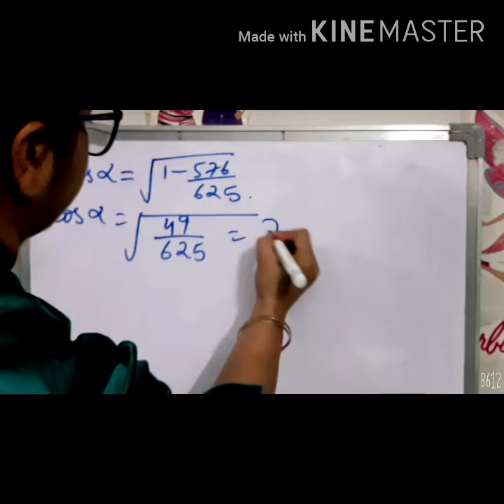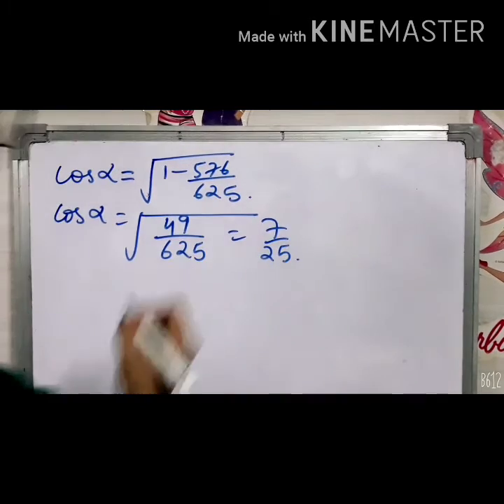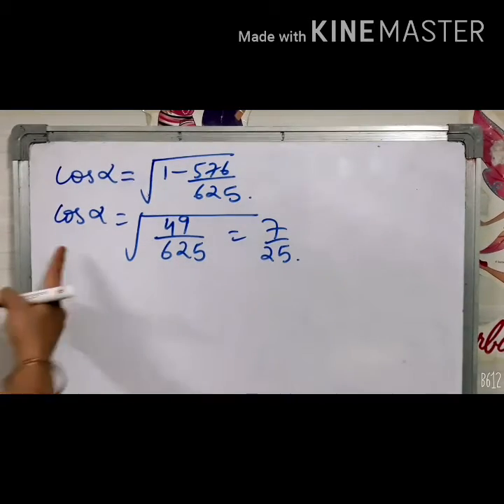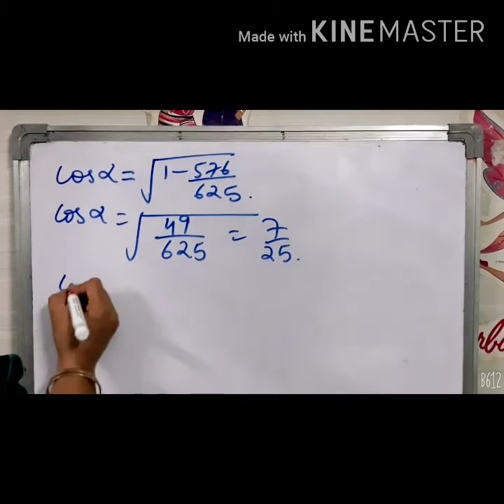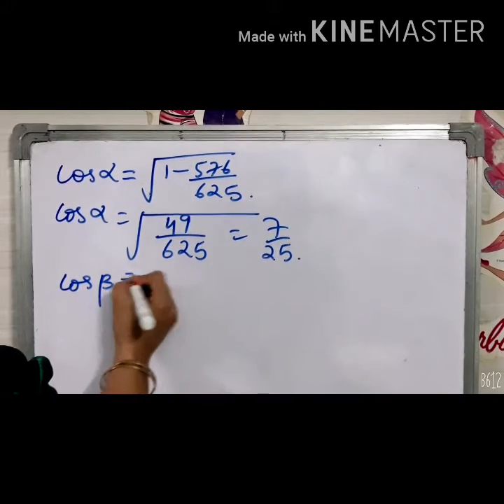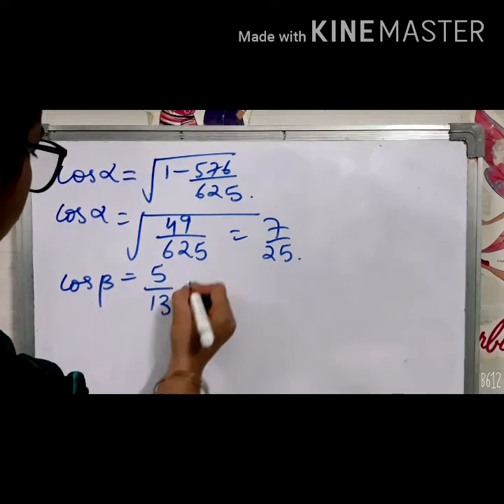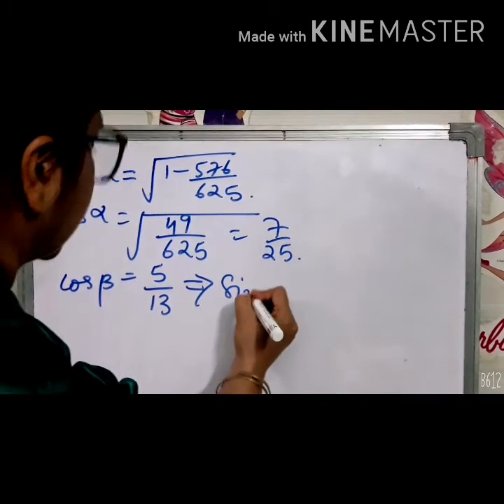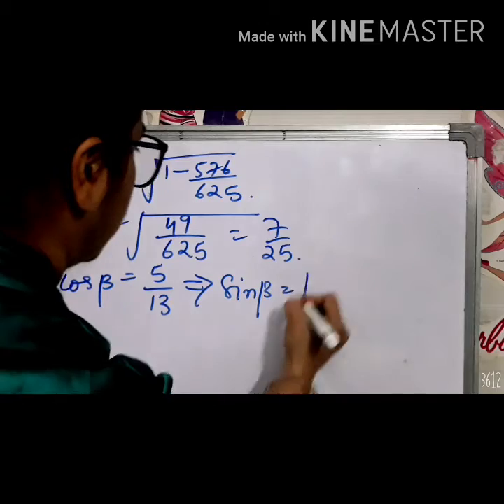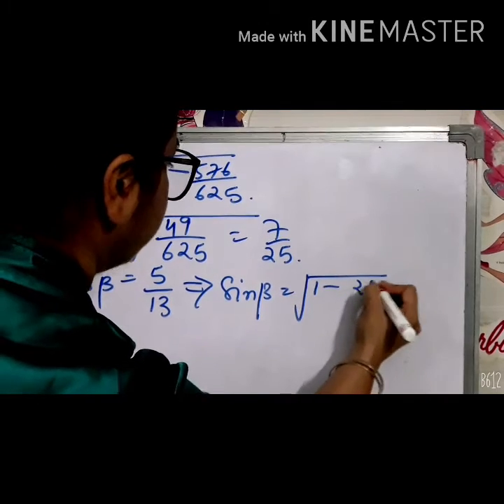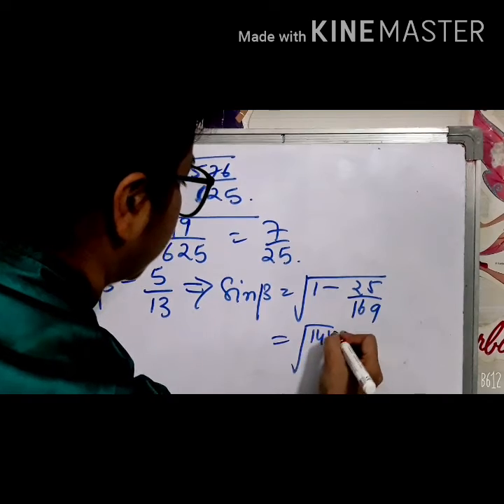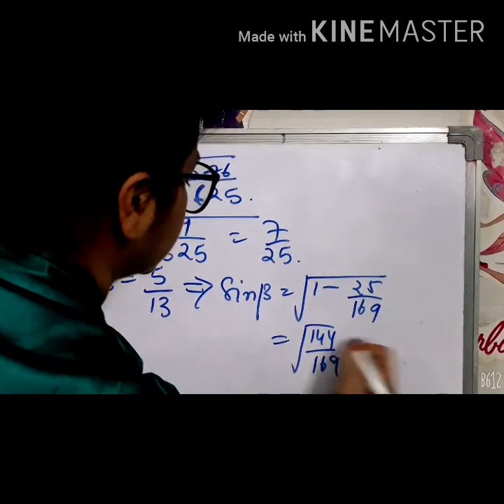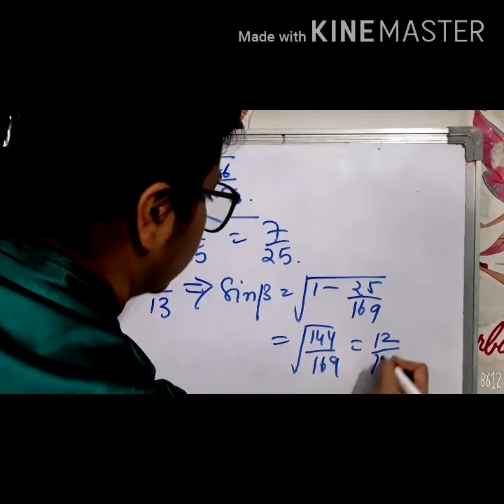So it becomes 7 by 25. Okay, now I got cos alpha. After that, cos beta was 5 by 13. So what will be sin beta? It becomes under root of 1 minus 25 by 169, which is equal to under root of 144 by 169, that is equal to 12 by 13.